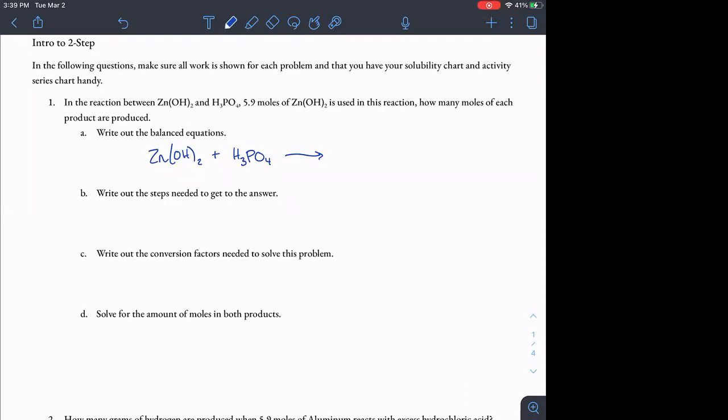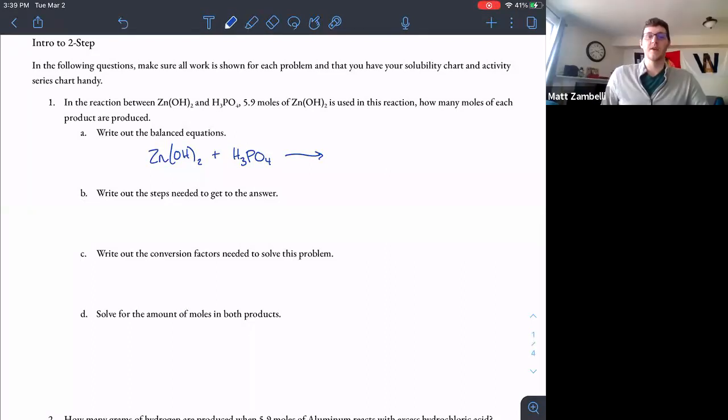Zinc and hydrogen. The zinc and the hydrogen. Awesome. So let's have zinc first. Zinc is going to come over with the PO4. We've got to remember that zinc has what charge normally? Who remembers the charge for zinc?